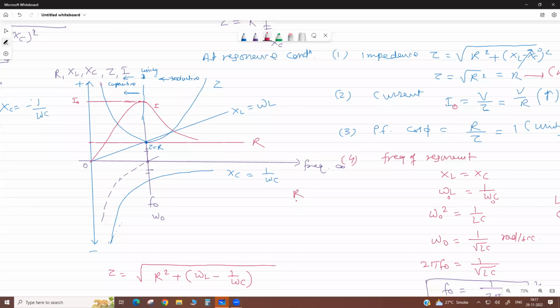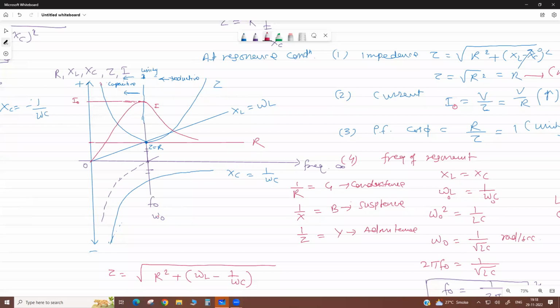Resistance is okay, but 1 by resistance is conductance, denoted by G. 1 by X is susceptance, denoted by B. 1 by Z is admittance, denoted by Y. So these parameters we use for parallel resonance.